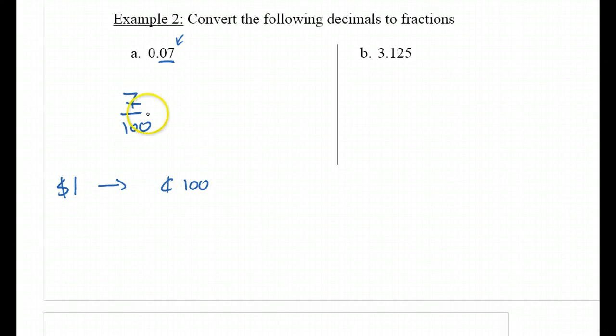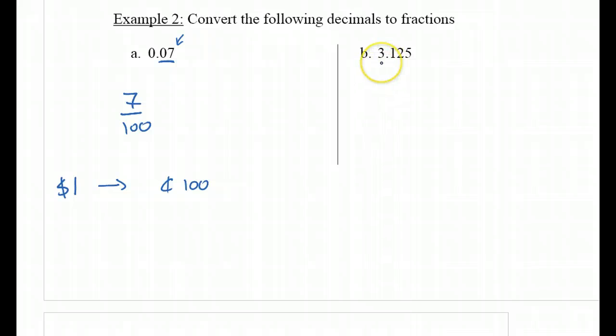Okay, and what this fraction says is that I have 7 out of 100 cents. In other words, you have 7 cents, and this is the decimal way of writing it. Okay, so you have 7 hundredths of $1, or 7 cents. Okay, let's see this one over here.